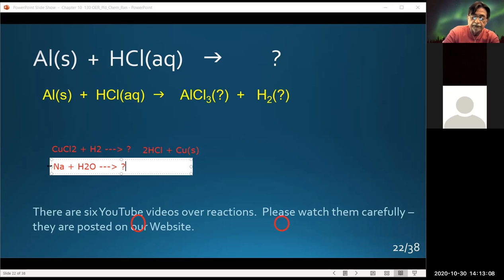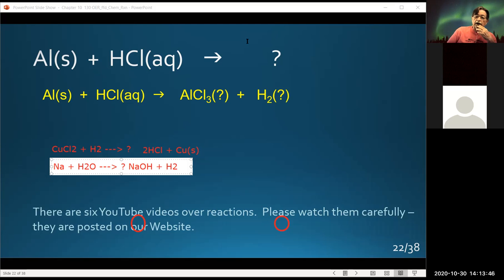Okay. And like I said, you would get sodium hydroxide and H2, because you are single replacing. You're replacing the sodium with the hydrogen, which is in ionic form as a form of water. So that displaces the hydrogen and puts it back into the elemental form as H2. Okay, see how that works?